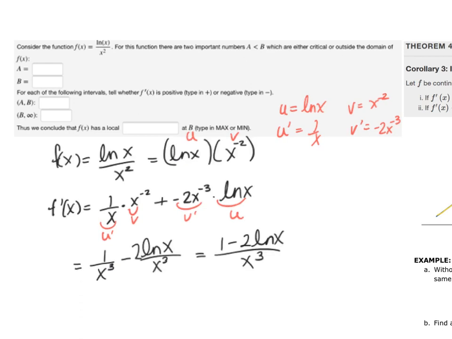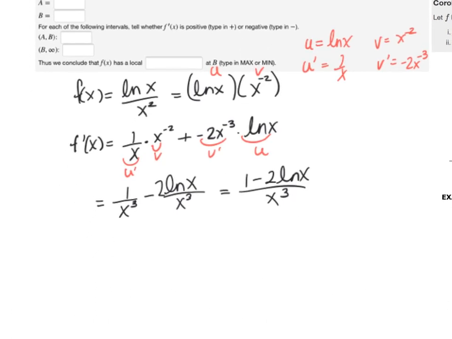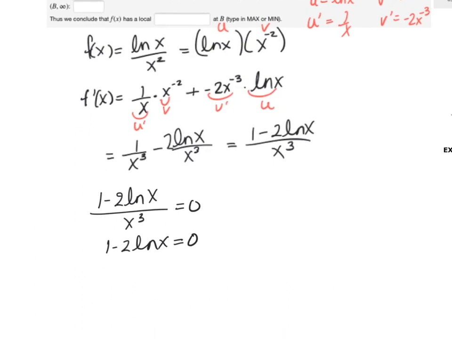Now I'm going to go ahead and set this equal to 0. So I have 1 minus 2 the natural log of x over x cubed is equal to 0, because again I'm trying to figure out where my critical points are. So I'm going to multiply both sides by x cubed, and I get 1 minus 2 the natural log of x is equal to 0.